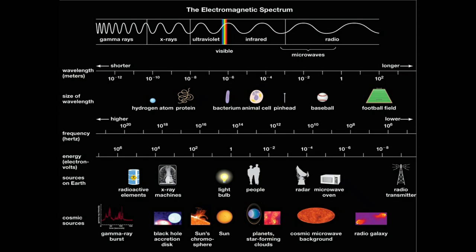A little bit longer wavelength than that, we get ultraviolet. A little bit longer wavelength than that, visible. Increase the wavelength more, we get infrared. Increase wavelength more, we get microwaves. And then the longest wavelengths will be radio.